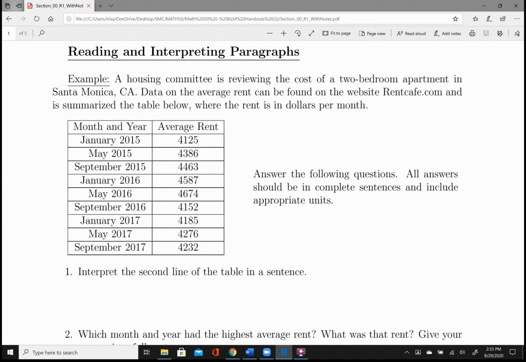If you have questions as I'm going along, you can write your questions in the margin or in a notebook, and then we can discuss those questions. You can ask them during the class period.